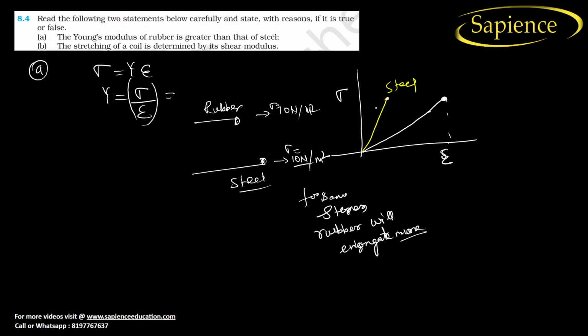Now see, here the slope of the rubber is less, but the slope of the steel is more. So it means that Young modulus of elasticity for steel, Y steel, is greater than Y rubber.